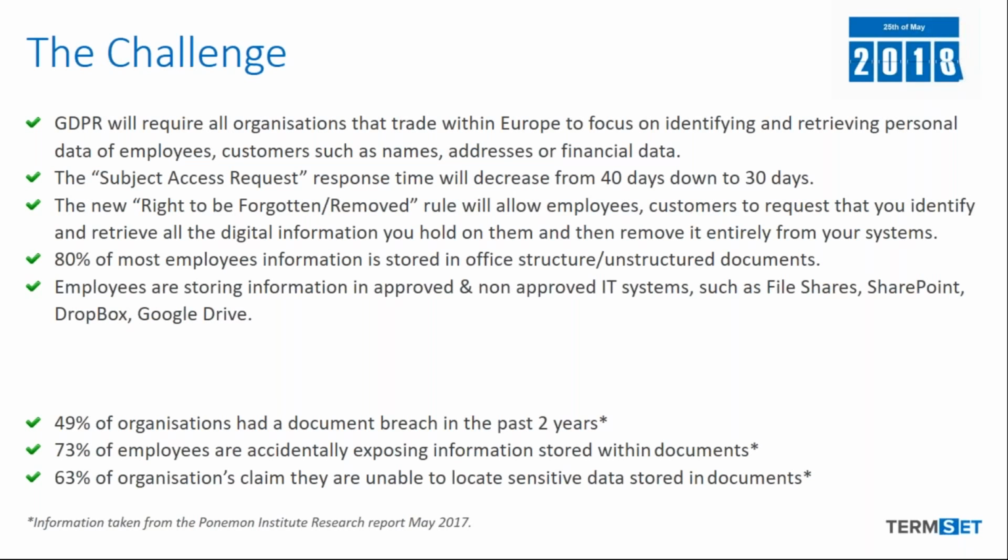They're not doing it intentionally, they are exposing data without knowing, by accident. And 60% of companies admitted they were unable to locate sensitive data. So if they were to receive a subject access request, they admit they would find it very, very hard to find that information. We had one client recently who received typically 2 or 3 requests a month, and it takes them 60 to 90 days to find the information and respond to a subject access request.